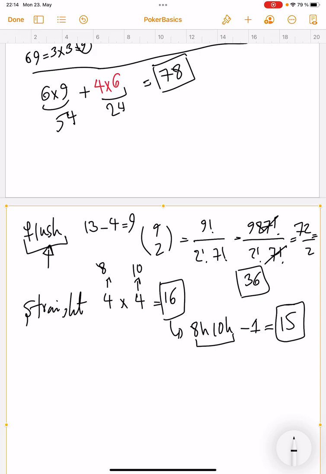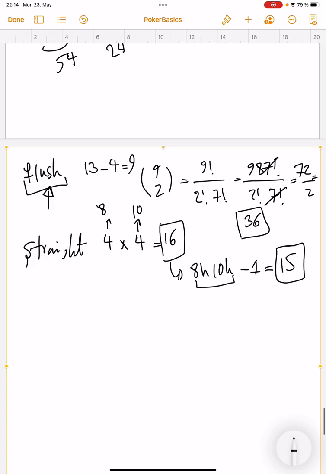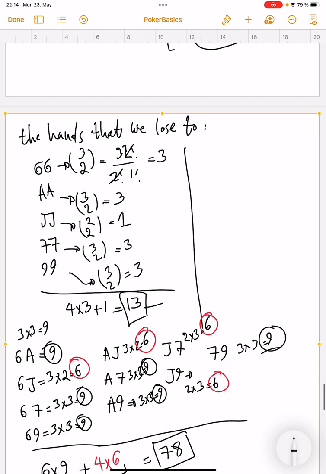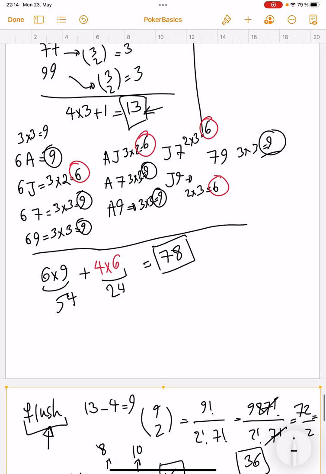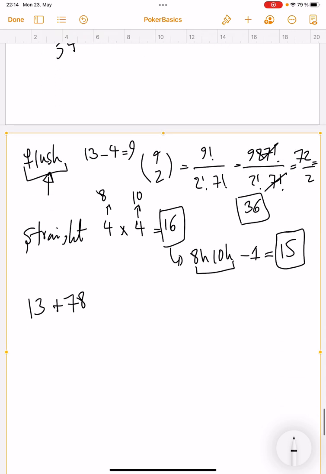So just to make it a little bit more precise. We had 13 here in the beginning, and 78 combinations from 2 pair. And we had flush combinations of 36 and straight combinations of 15.